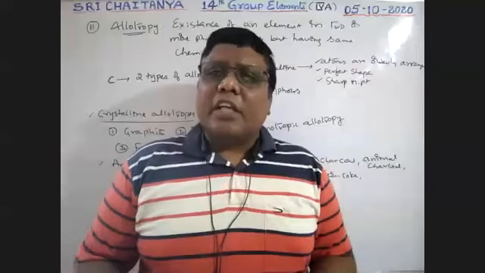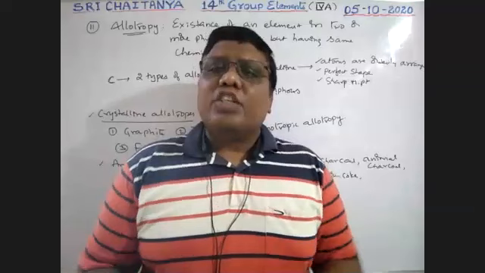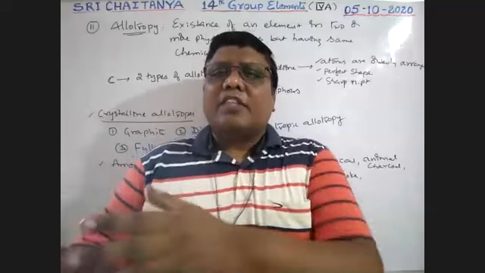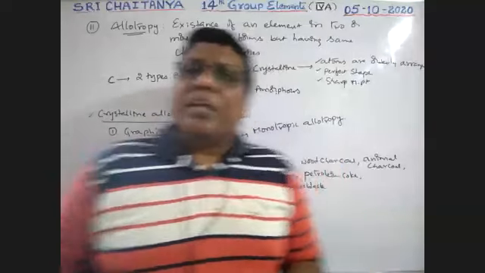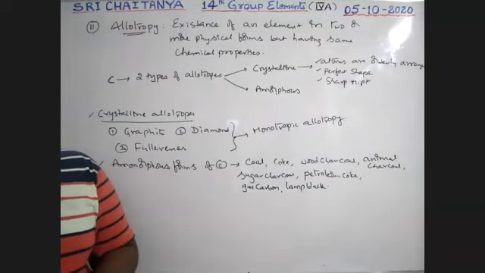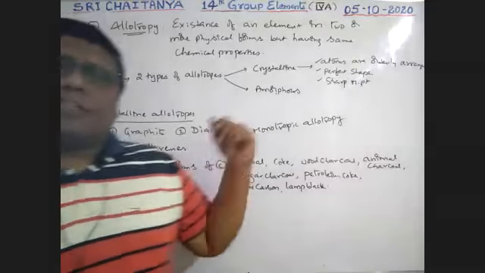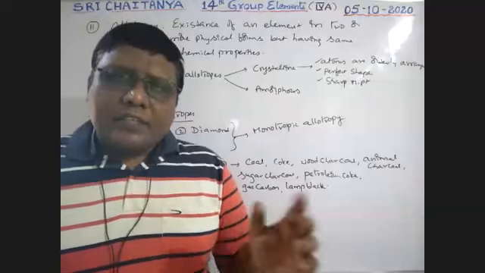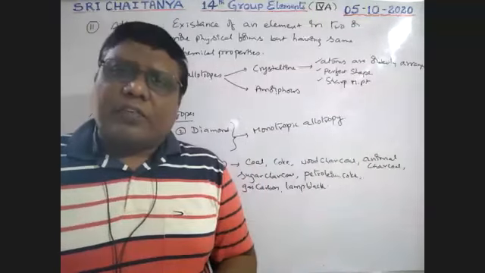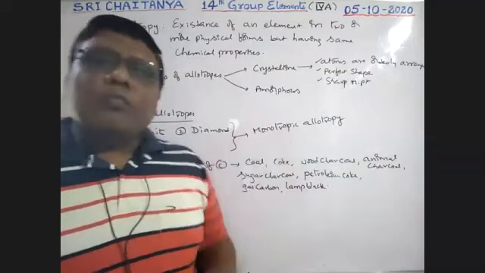That is the minimum energy required to convert reactants into products, one form into another form. That activation energy in this case is very, very high. That is why one form is not changed to another form. That is called as monotropic form.